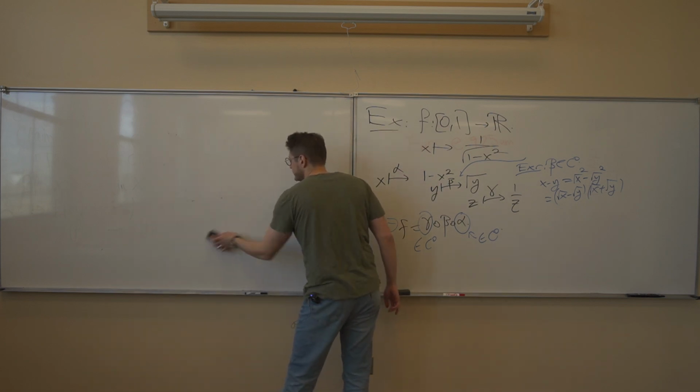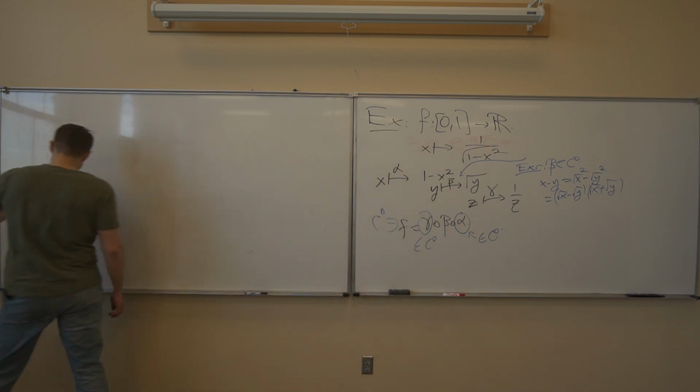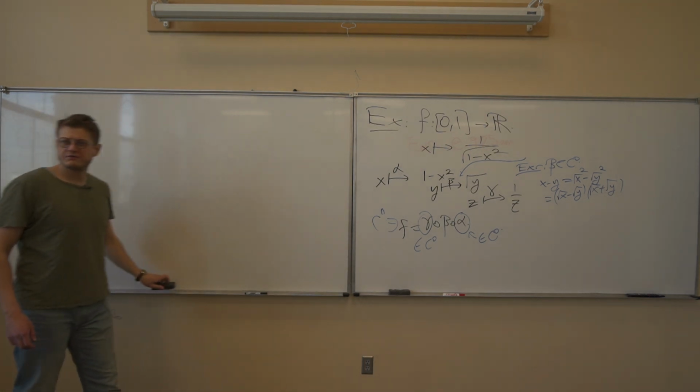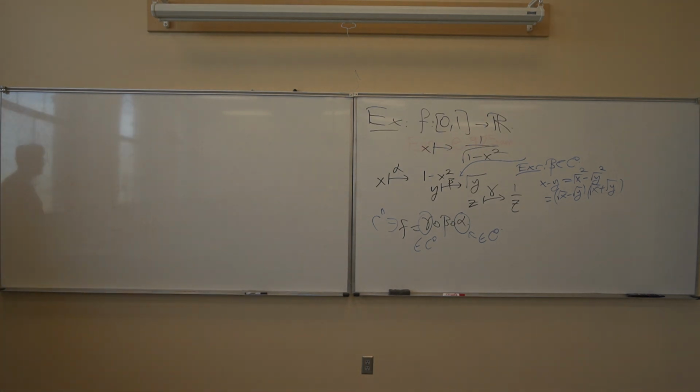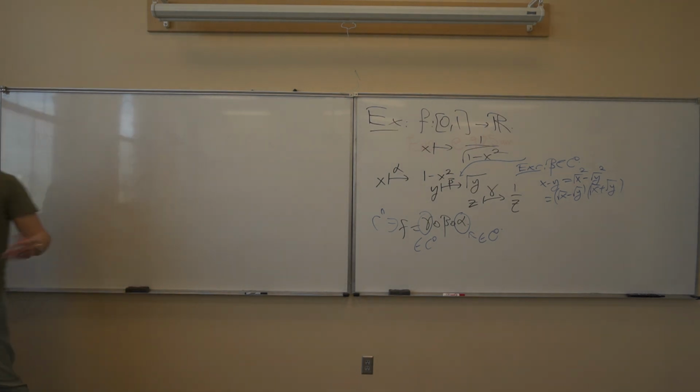The first one is what is called the maximum principle, or you might have heard the name extreme value theorem. How many of you have heard of this extreme value theorem? The idea is that a continuous function should attain its max and min. That's all there is to it.